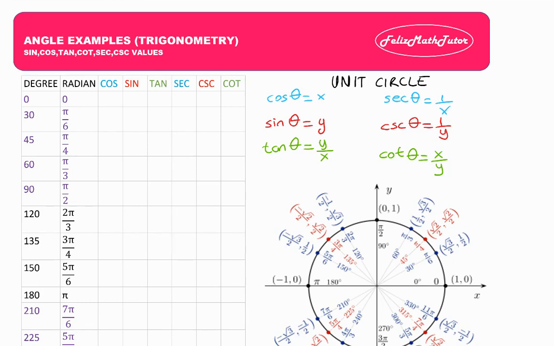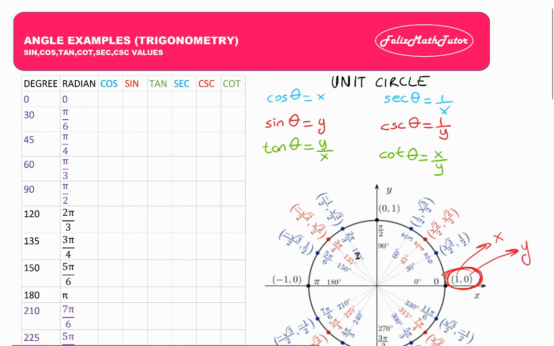Yes, let's start by first 0 degree. Let me choose one color. So in 0 degree, we are here in the unit circle. So my x value is 1 and y value is 0.